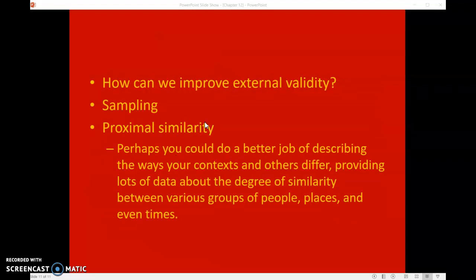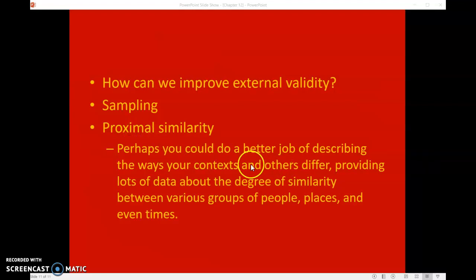So how can we improve that? Sampling. Remember we talked about sampling a couple of weeks ago. The better job that you can do with sampling and making your sample look like your population as much as you possibly can, it eliminates the people and the place issues. Also, including something called proximal similarity.